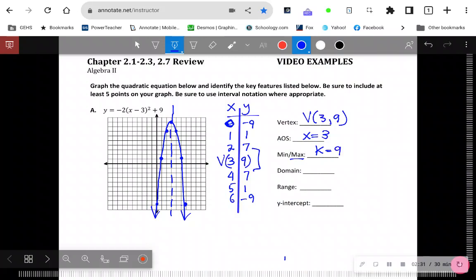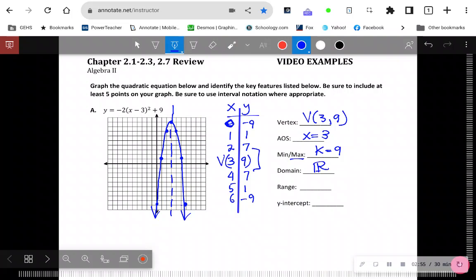The domain. The domain is all the x values that are possible on this side, and since there's nothing to prevent us from putting any number at all in there, you can see this thing goes forever to the right and forever to the left. These domains are always the same on a parabola. This is the only answer you'll put for domain. All real numbers.